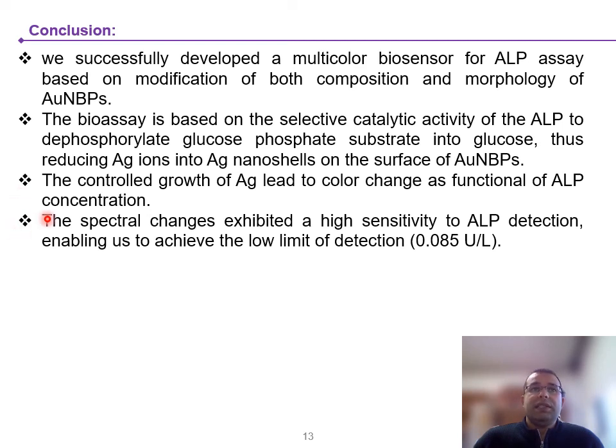Finally, the spectral changes exhibit a high sensitivity to ALB detection, enabling us to achieve a low limit of detection, 0.085 unit per liter.